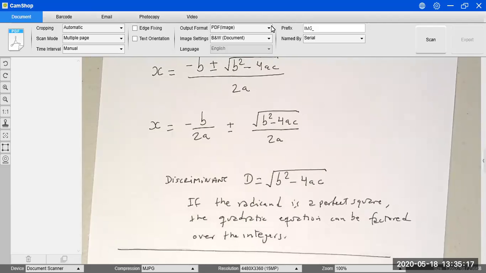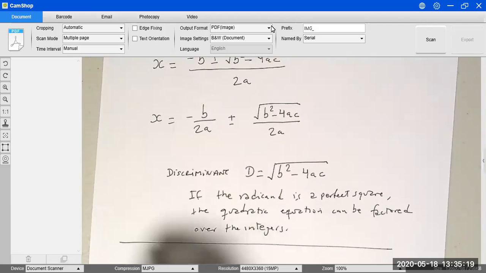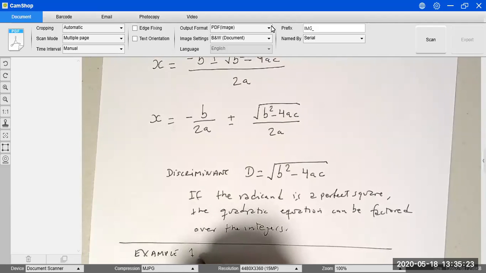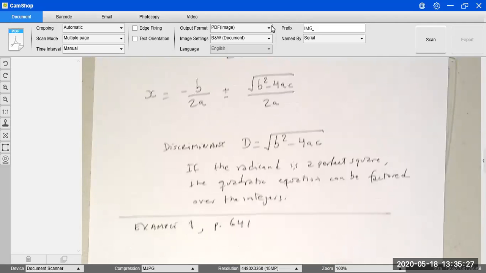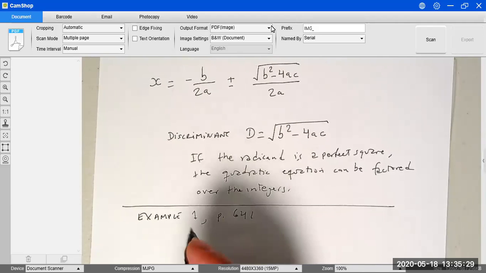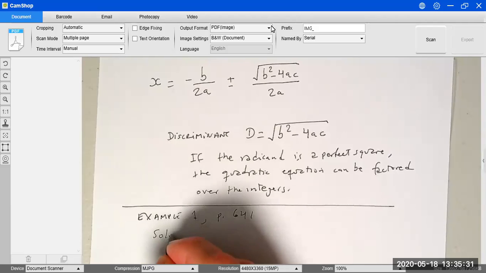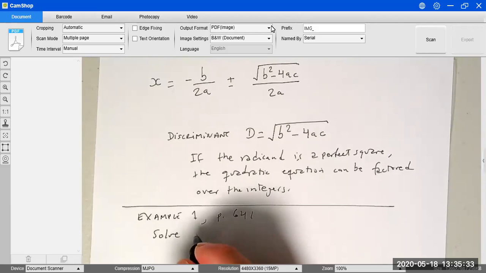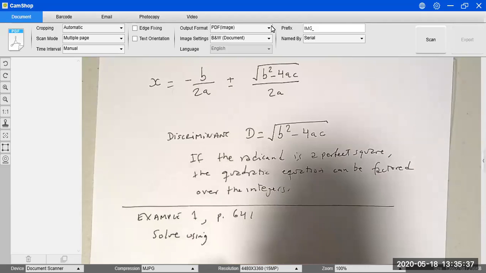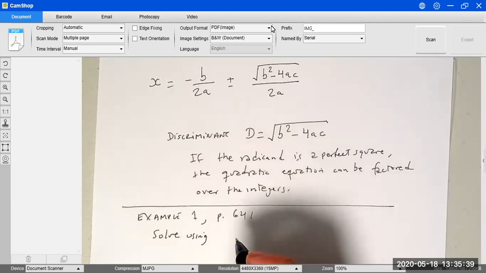So I'm going to start with example 1. Example 1 is on page 641 and is about solving the following equation. In this case, we're going to use the quadratic formula. Later, you're going to use any method from the ones that we learn in this class.